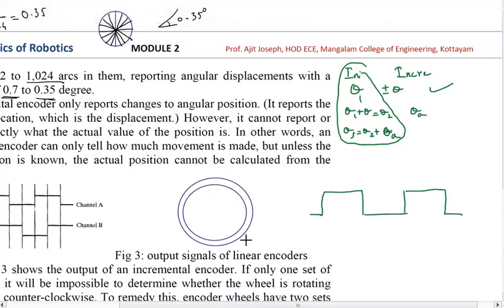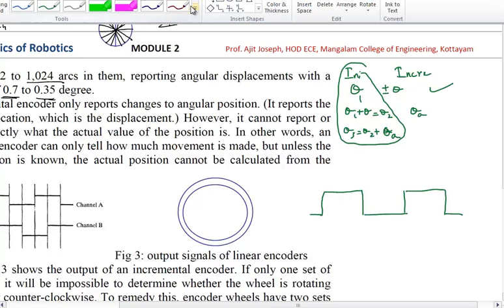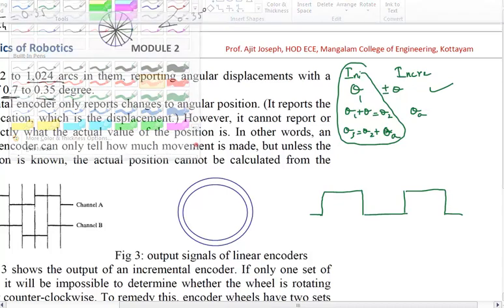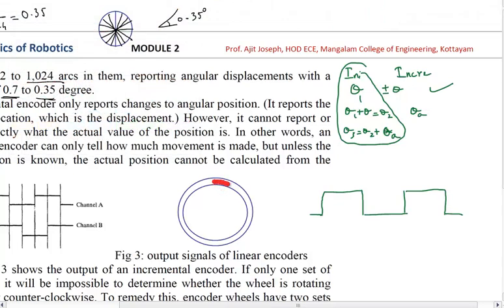Let that be here. Now based on this, let me draw the opaque area. So let me start from here. This much it is going to be, and then it is going to be opaque again, and this much it is going to come here, then again opaque, then again it will come from here, it is going to be opaque after that, then again it is going to be opaque after this.